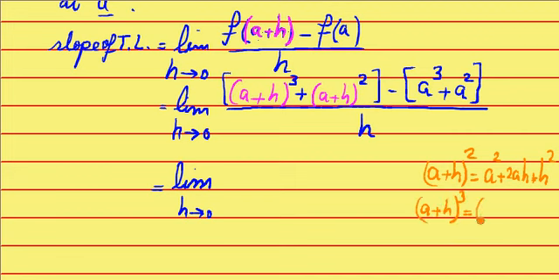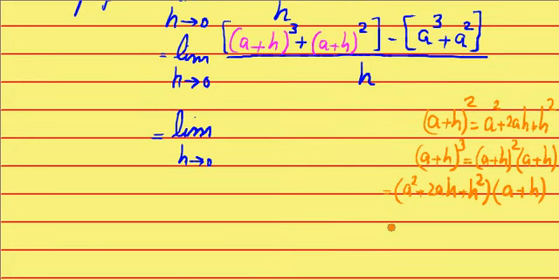That's going to be a plus h squared times another a plus h. So a plus h squared, we already know what that is. I write this as a squared plus 2ah plus h squared, and then times a plus h. Now I should just multiply it out.